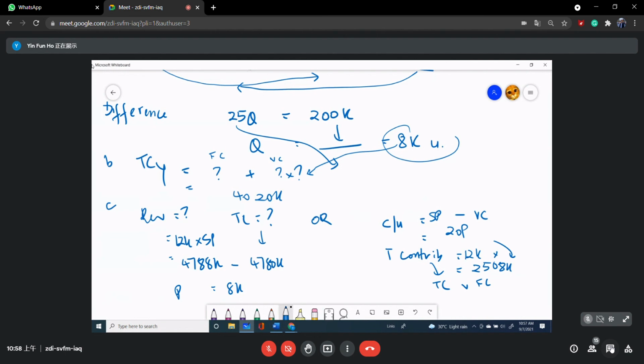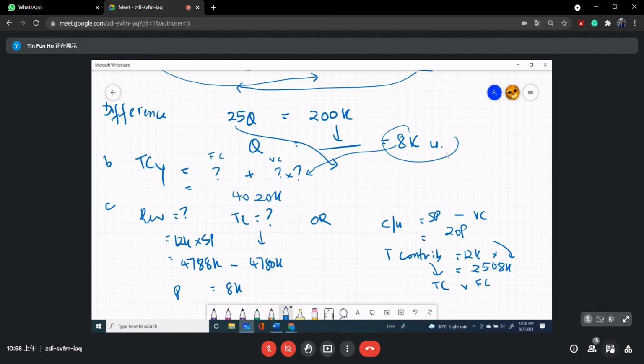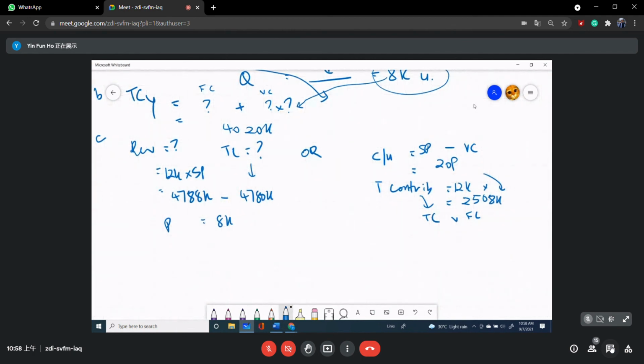I don't know why it cannot work. If anybody can tell me, that'd be good. So what's wrong? Meantime, just stick to total revenue minus total cost, and then give me the answer for D.